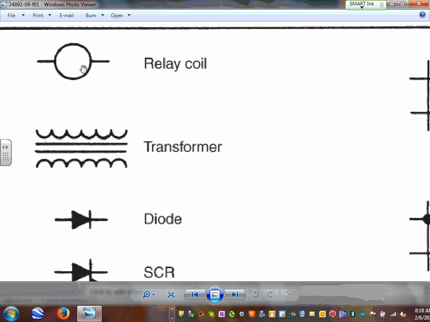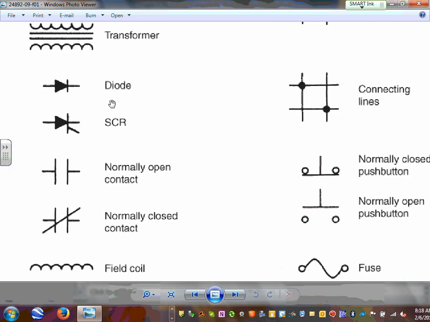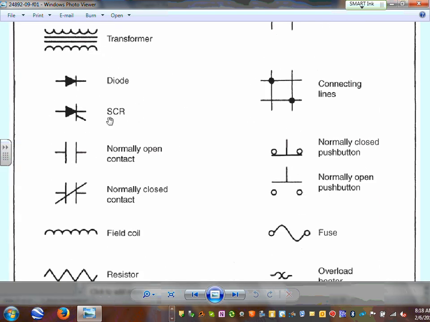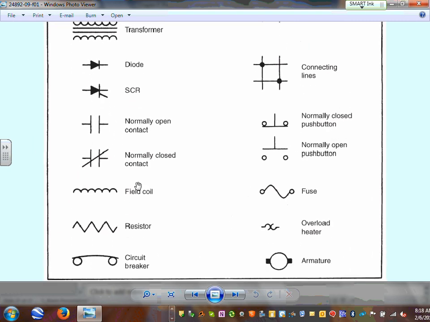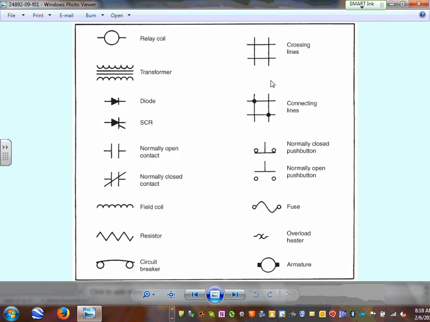A symbol like this in the US means a relay. And we know what a relay is. It's a coil, you energize it, and it drives a couple of contacts. So you've got to understand the alphabet. All these, for example, diode, SCR. Tomorrow I'm going to be talking about the SCR, conversion to DC, normally open, normally closed, resistor. All these are the alphabet of control.